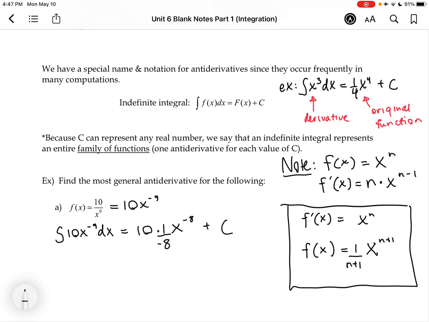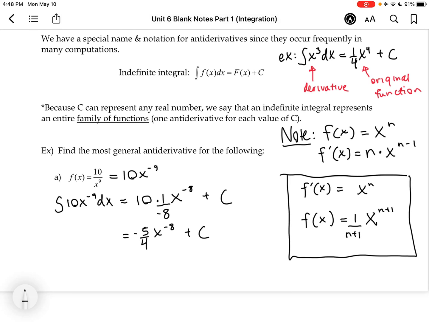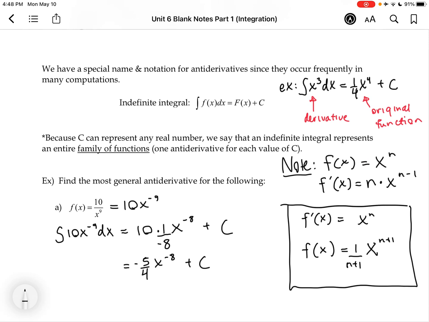Okay? And then I can simplify that a little bit, right? So 10 over negative 8 is negative 5 over 4 x to the negative 8 plus c. And you might also write that as negative 5 over 4x to the 8 with a positive exponent plus c.